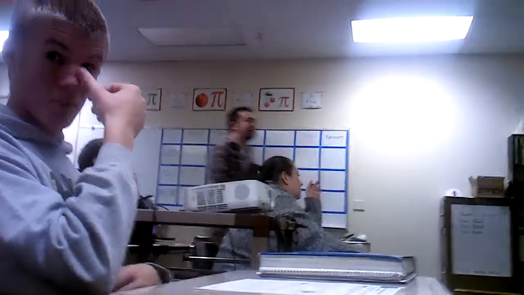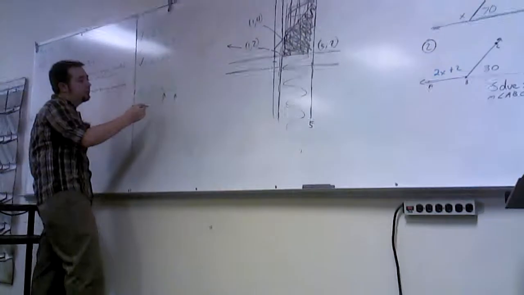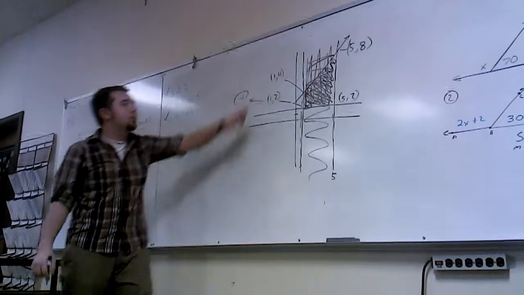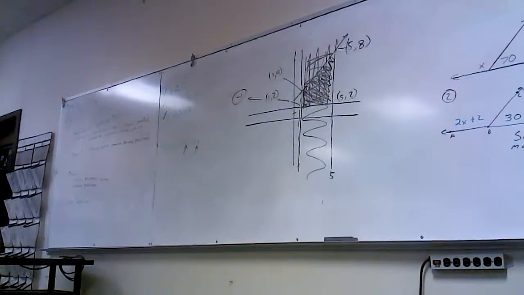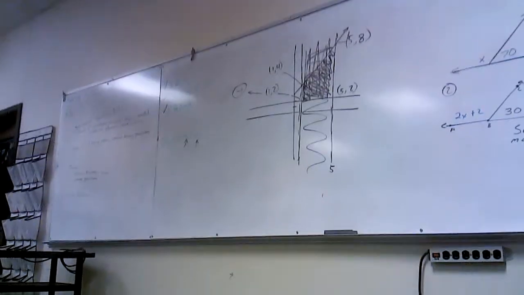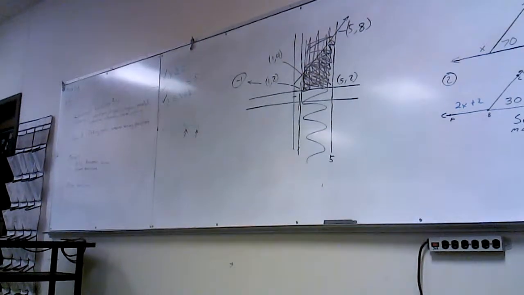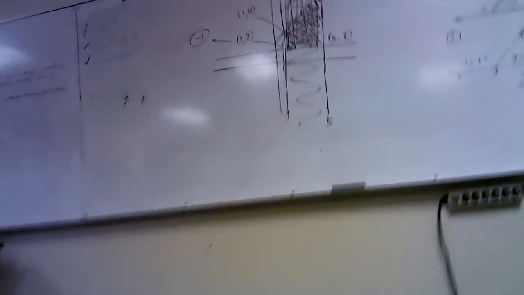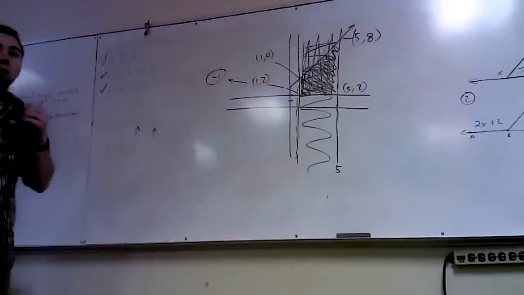If I plug him in, 1 times 3 is what? Minus 2 times 2? 3 minus 4? Negative 1. This one is negative 1. That's its height. Plug in 1, 4, hand up, and you got the answer.